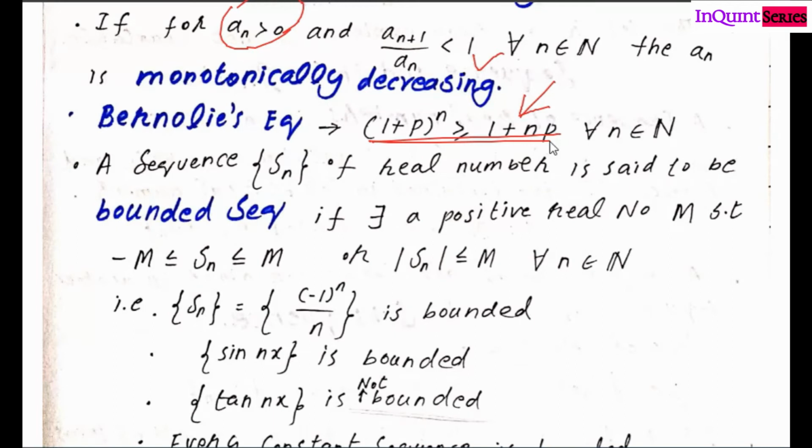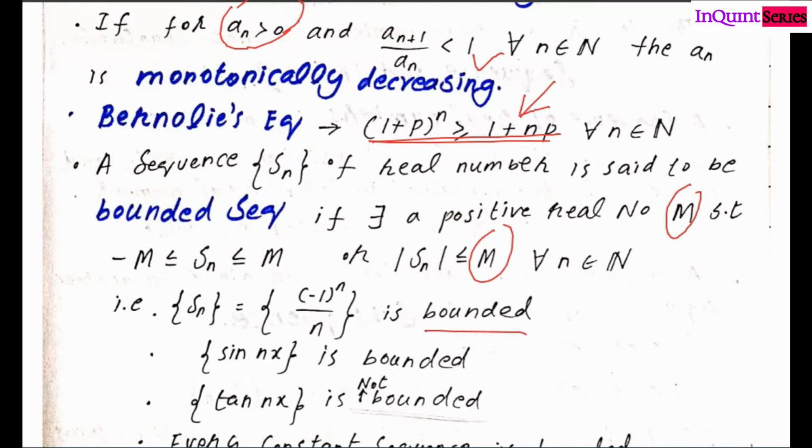So the next key point is that a sequence S_n of real numbers is said to be a bounded sequence if there exists a positive real number M such that minus M is less than or equal to S_n is less than or equal to M, or you can say the absolute value of S_n is less than M. Basically here M is our bound, for all n belonging to the set of natural numbers, then our sequence S_n is said to be bounded.